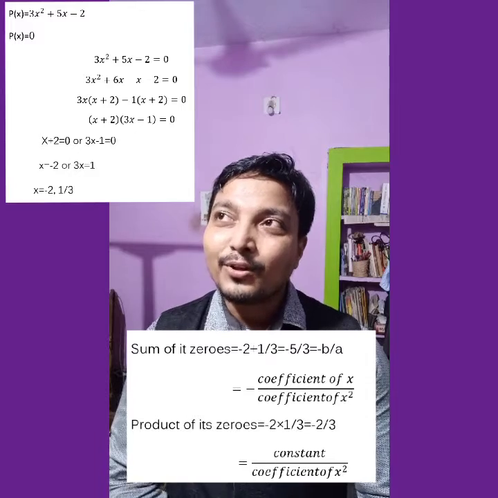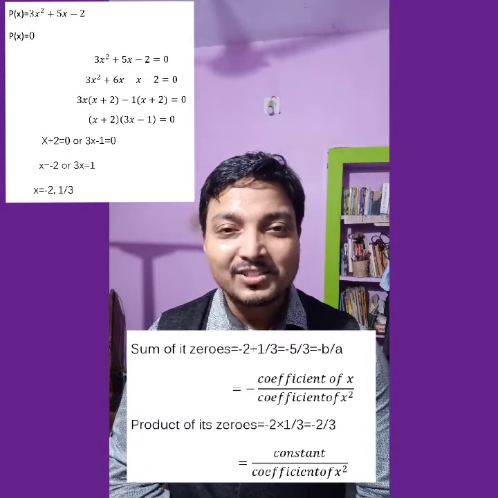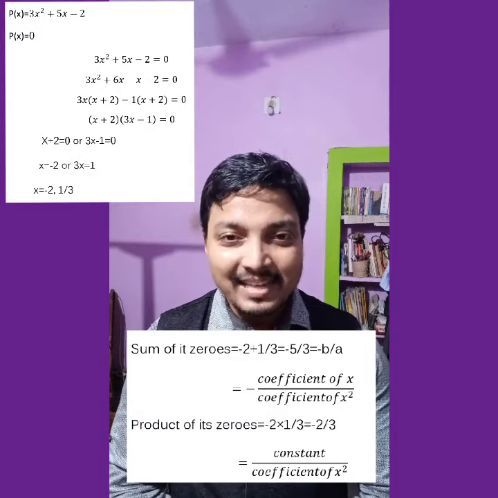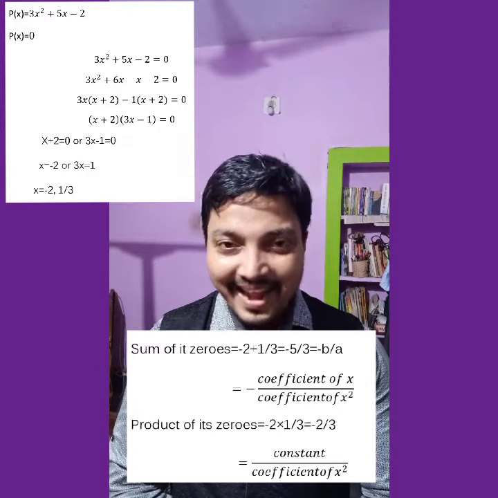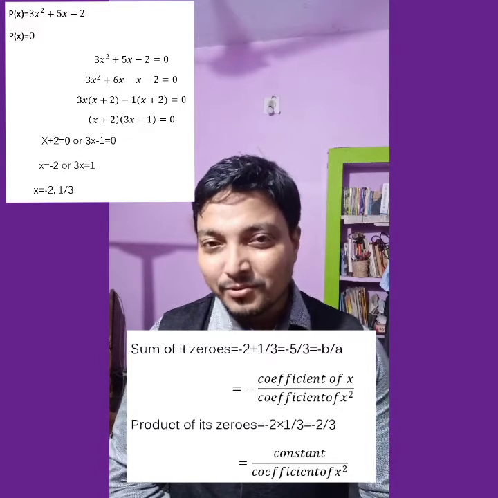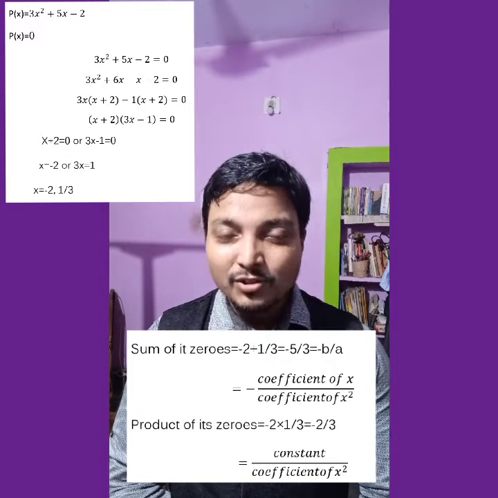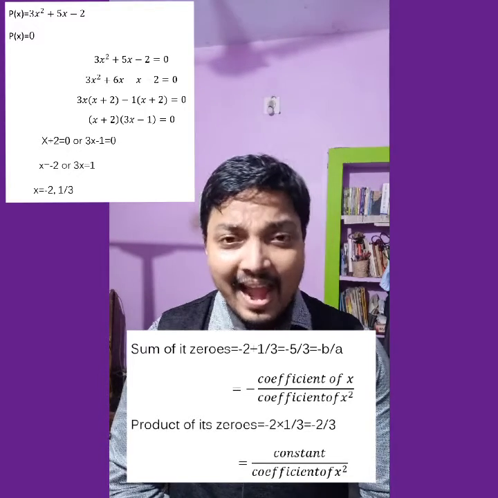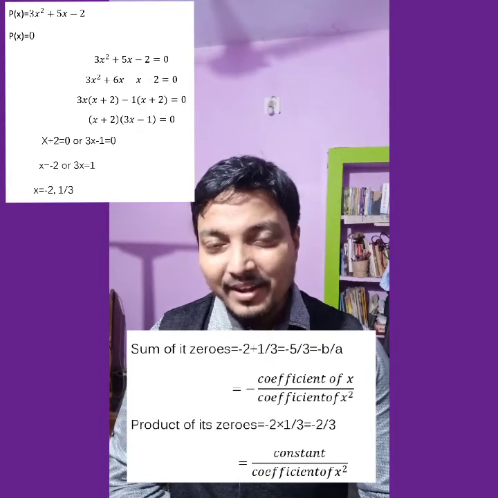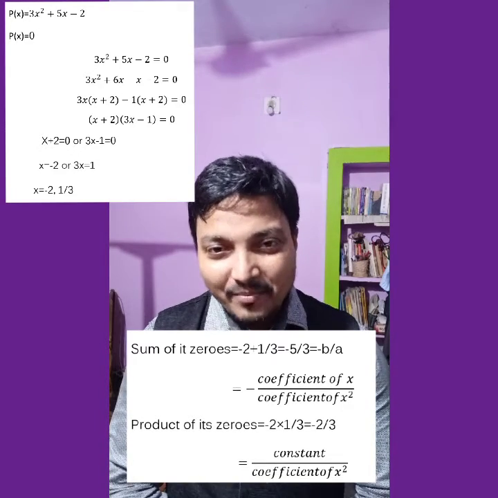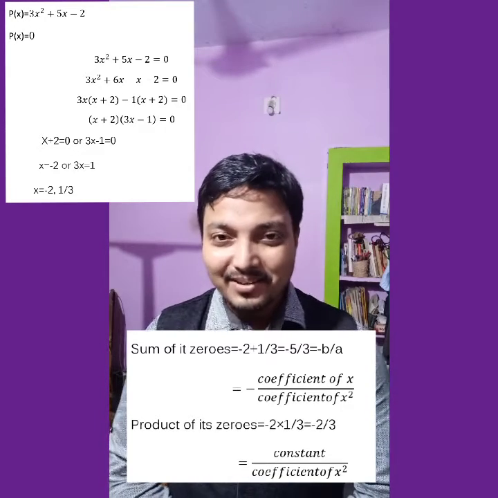So from both the examples it is clear that the sum of two zeros of a quadratic polynomial is always the same as -b by a, and the product of the two zeros is always the same as c by a. Sum equal to -b by a and product equal to c by a, where a is the coefficient of x square, b is the coefficient of x and c is the constant term.